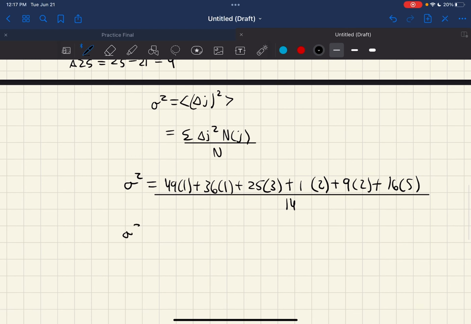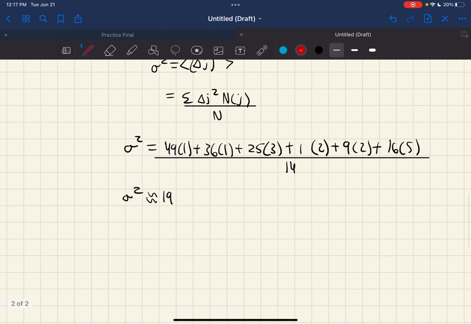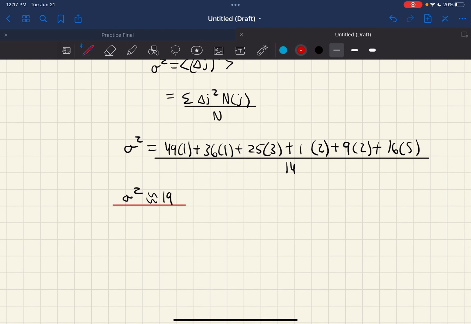When you do this, you get roughly 19. So that's the standard deviation squared that it asks us to calculate for part B.